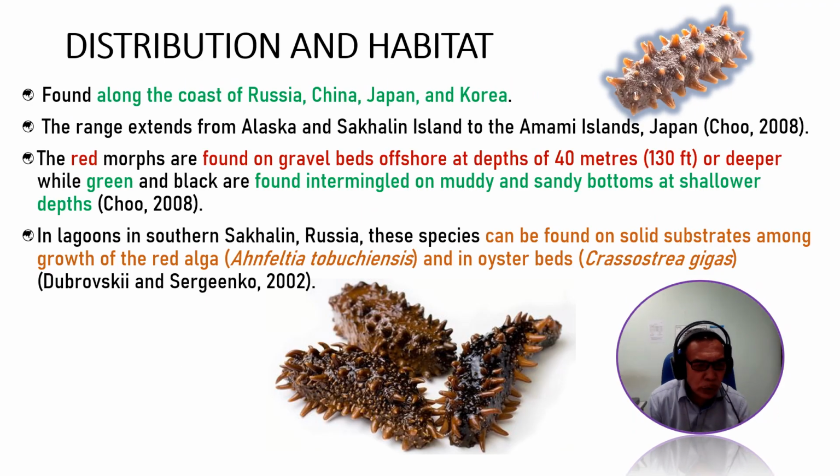Okay, now we look at its distribution and habitat. It can be found along the coasts of Russia, China, Japan, and Korea. The range extends from Alaska and Sakhalin Island to Amami Island, Japan. The red morphs can be found on gravel beds offshore at a depth of 40 meters or deeper.